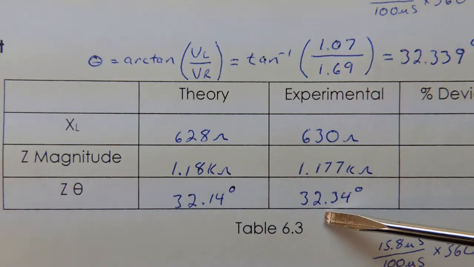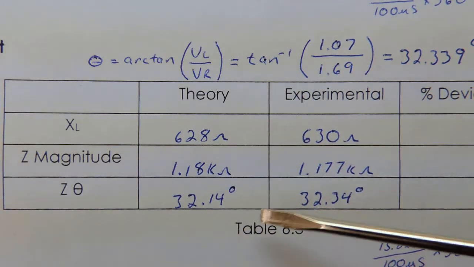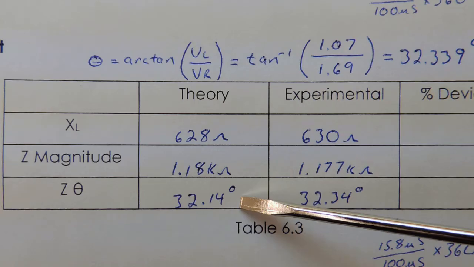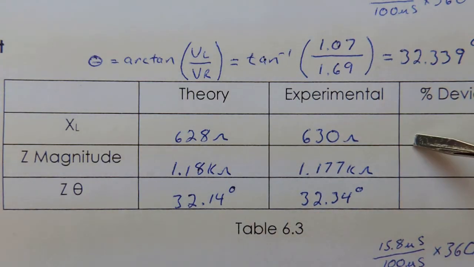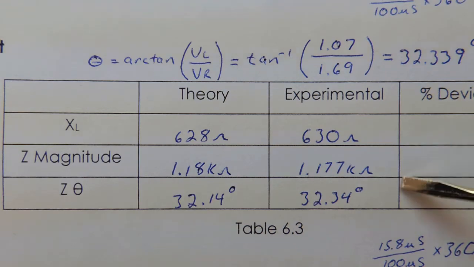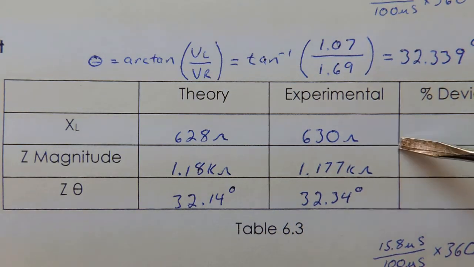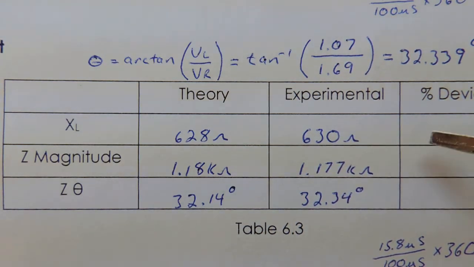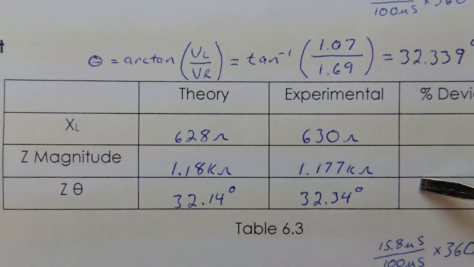And the 32.34 degrees, very darn close to that 32.14 degrees. So remember, if you're getting a deviation of 20% or more, you've got some problems with your circuit, so I would check it over. And I'm going to leave you to do all the percent deviation calculations for this particular lab by yourself.